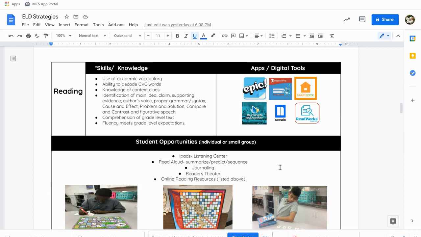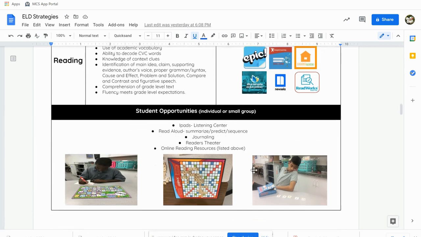Journaling, they must write. Readers theater, where it is banter back and forth. They each have a character and they are reading a part to each other. And then at the end, we come up with, well, what happened here? We are having whole class discussion about the scene. And then the online reading resources that are listed above.